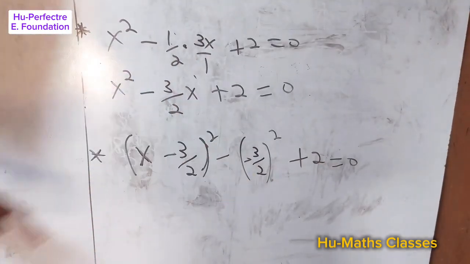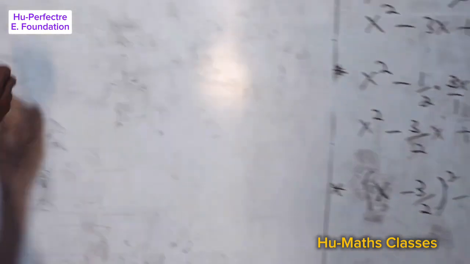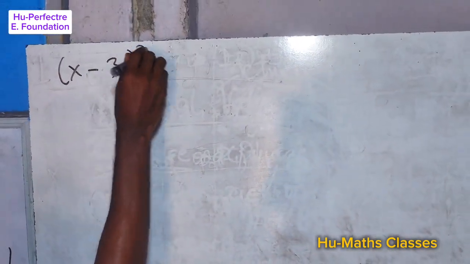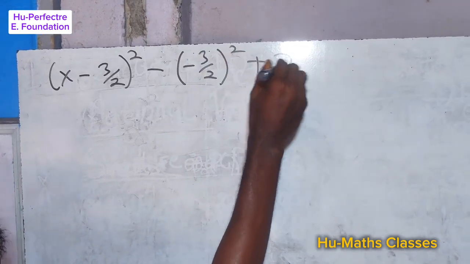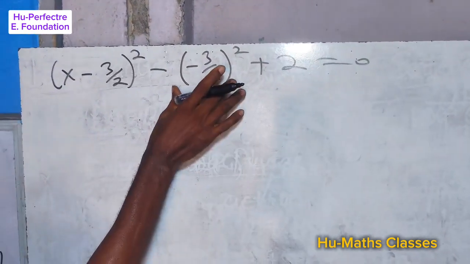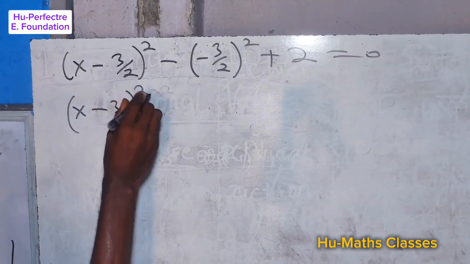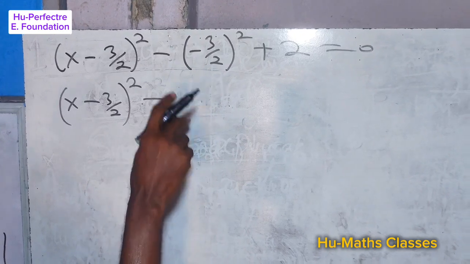Now we have this expression down. We need to extend the solving. That will take us to x minus 3 over 2 all squared minus 3 over 2 squared plus 2 is equal to 0. When you work on this, we're going to have x minus 3 over 2 all squared minus 3 over 2 times minus 3 over 2.